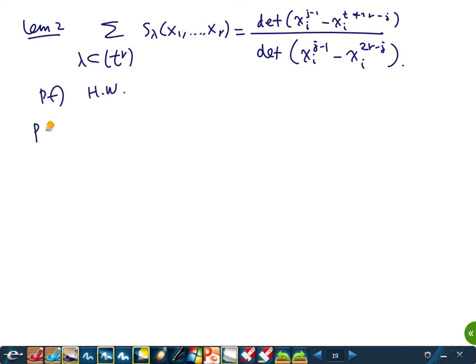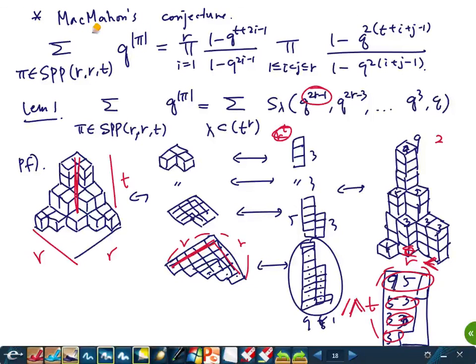And this can be applied to the proof of MacMahon's conjecture. So we know that this is equal to this. Oh no, this conjecture. This is equal to this.